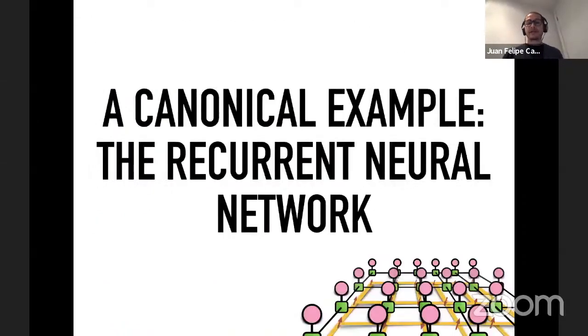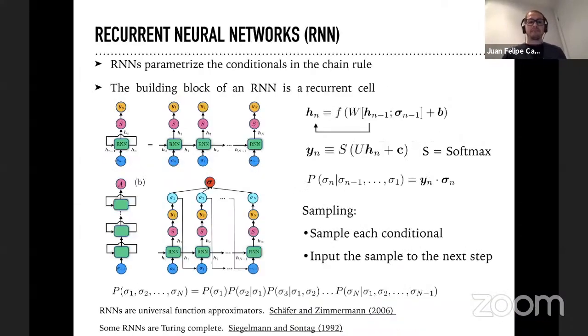A canonical example of a probabilistic autoregressive model is the recurrent neural network. It's very common in machine learning, and basically what it does is what I already said: recurrent neural nets parameterize the conditionals in the chain rule that I was explaining before.